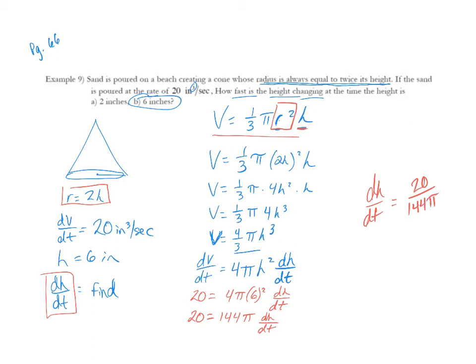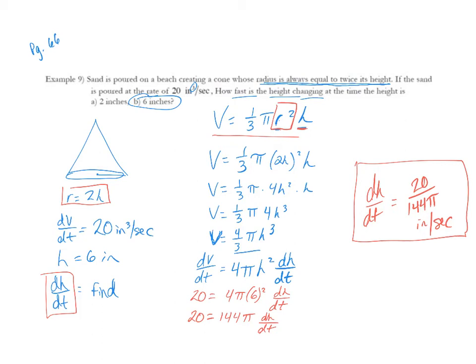My units for this, because it's the change in height, that is just a distance. So I'm going to simply have inches per second. Okay, and we can just leave that there for our purposes for right now. So in our cone formula, when I have both an r and an h, I'm going to be replacing one with respect to the other.